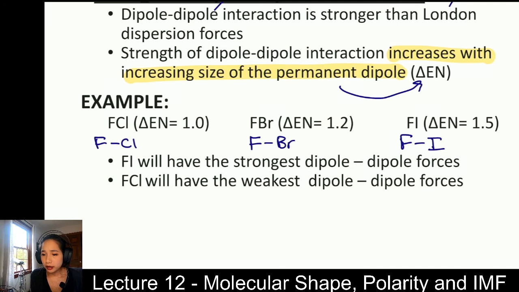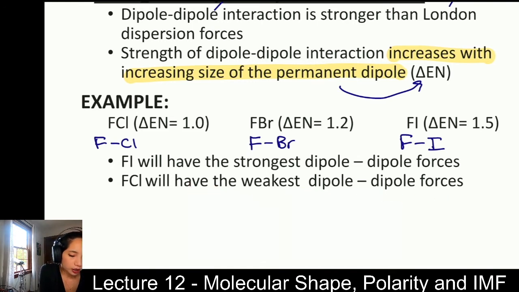So if you look those up on the chart, your difference in electronegativities of fluorine monochloride is 1. Between fluorine and bromine, it's 1.2, and fluorine and iodine, it's 1.5. So because the electronegativity difference is smallest for fluorine monochloride, that molecule will have the weakest dipole-dipole force.